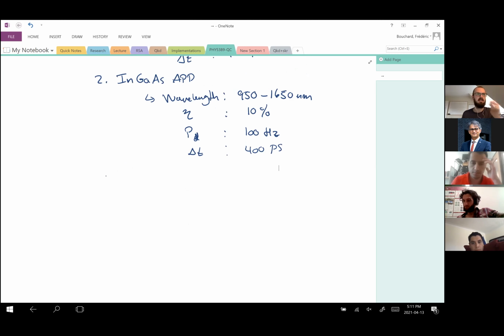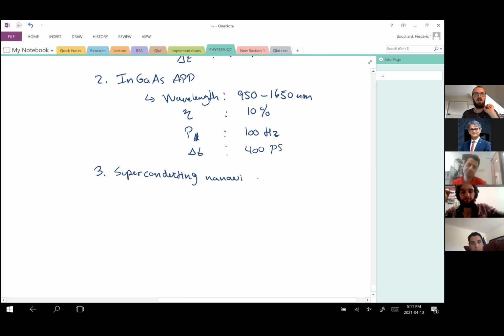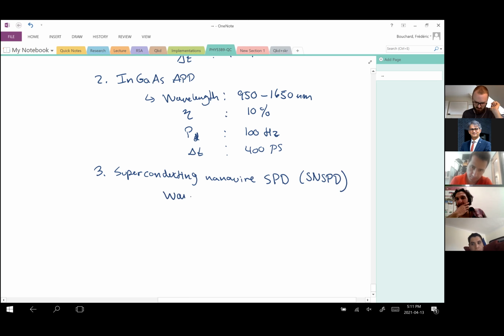But recently, there have been some new developments, and you now have two new types of single photon detector. One of them is the superconducting nanowire single photon detector, also known as SNSPDs. Their wavelength range is good for 1550.